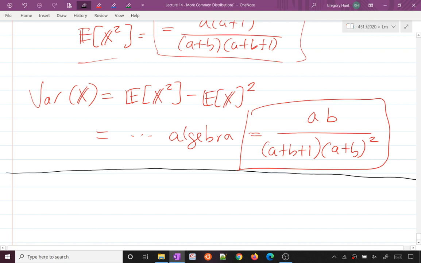I don't expect you to know all these tricks or memorize any of these tricks. It's good to have a pantheon of different common distributions that you know about, have some feeling for what they are, and it's good to see once in your life how some of these properties are derived. So we're going to stop there, and next time we'll talk about transformations of random variables.